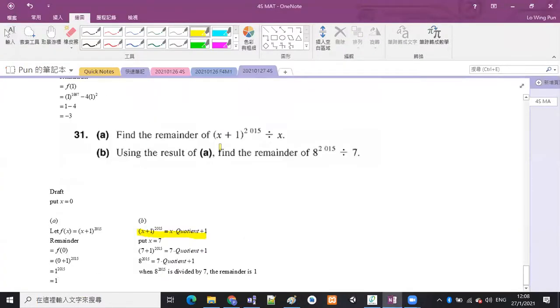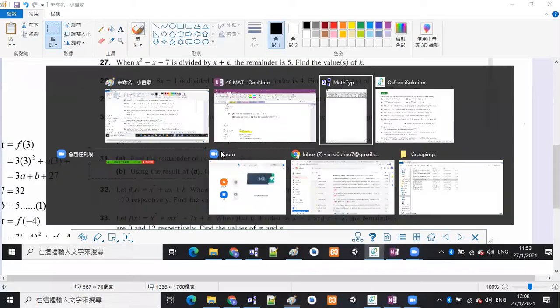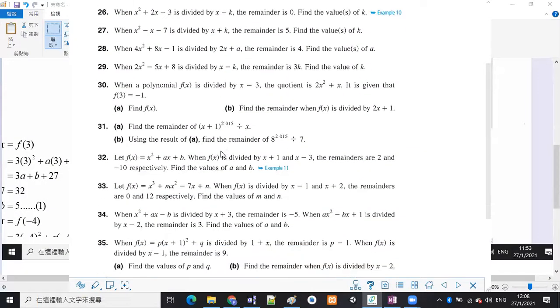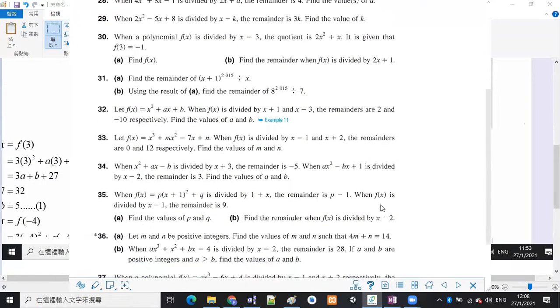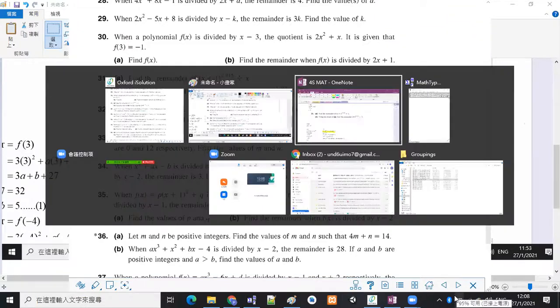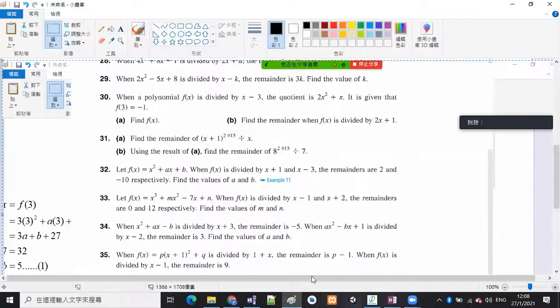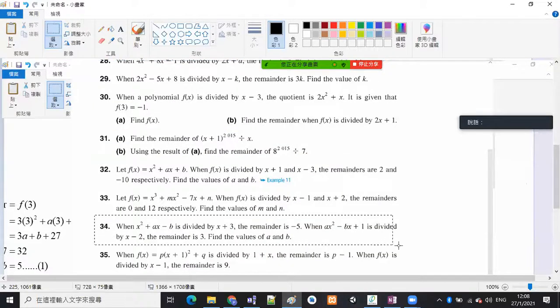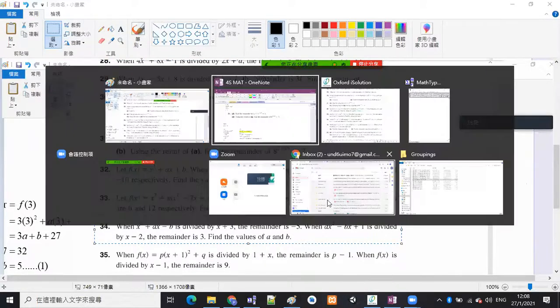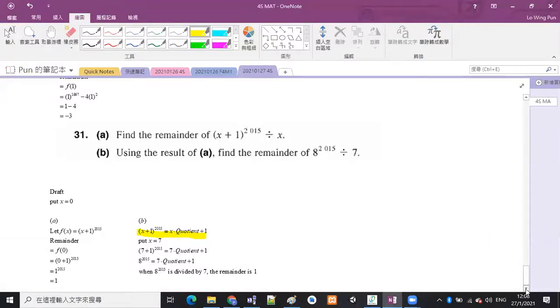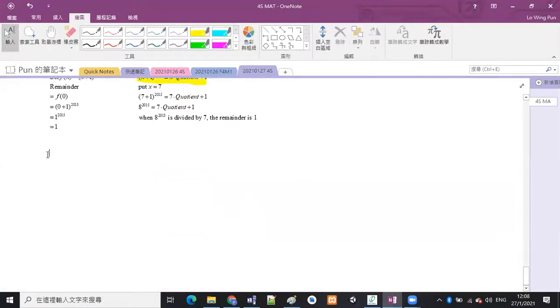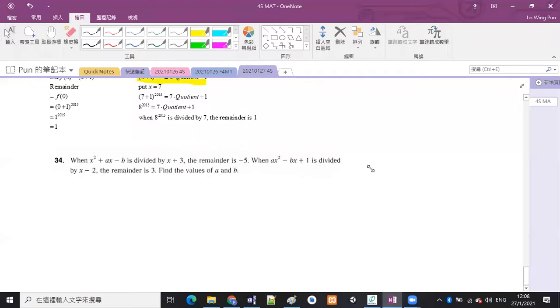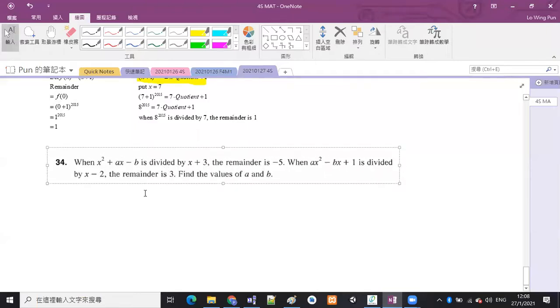Next one is 34. 好，跟住其實 34、35都並唔係啲乜嘢非常難嘅題目嚟嘅。好啦，when x squared plus ax minus b is divided by x plus 3, remainder is -5.